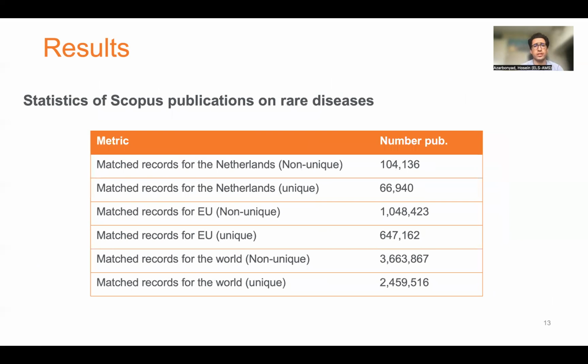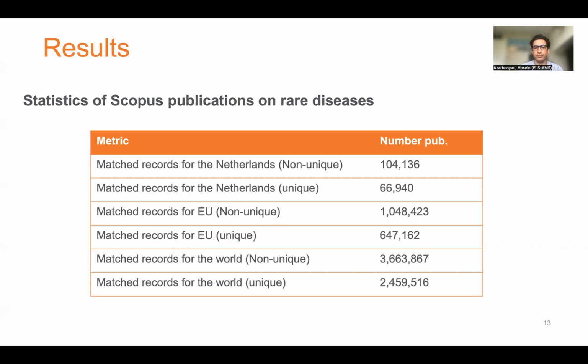Here you see the statistics of Scopus publications on rare diseases detected by the pipeline I described. Non-unique refers to the number of matches between a rare disease and an article, and unique means the unique number of articles. There might be multiple diseases assigned to one article, and the non-uniqueness reflects that.